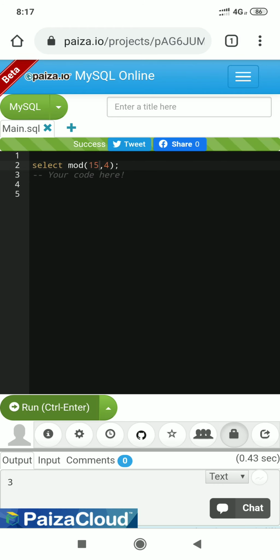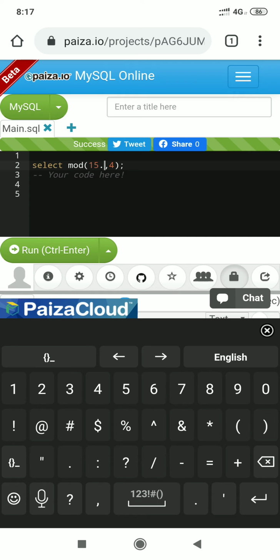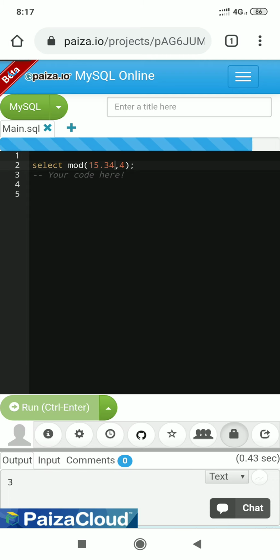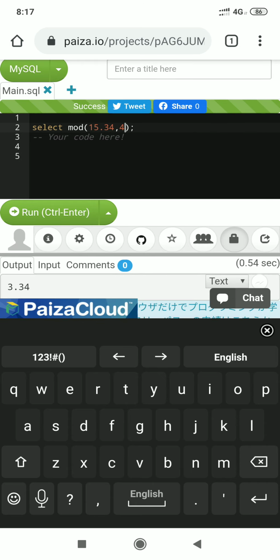Okay. Now I write here 15.34 to be divided by 4. The remainder is 3.34. I hope you students are getting this one. Its answer is 3.34.